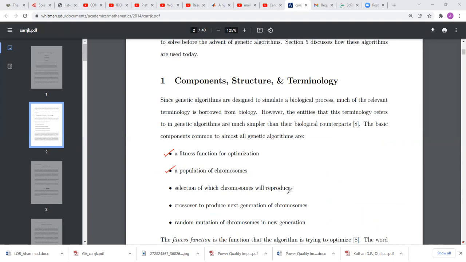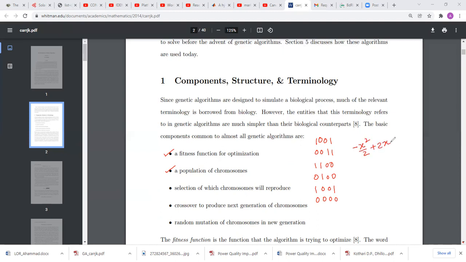Now that you have your chromosomes, what were those? Let's write them down arbitrarily: 1001, 0011, 1100, 0100, 1001, 0000. And let's say your fitness function is something like this.